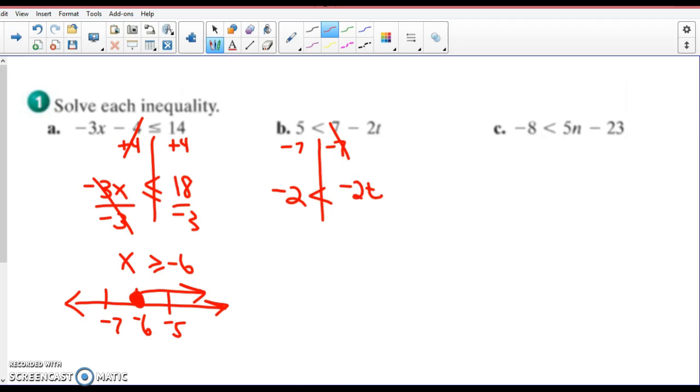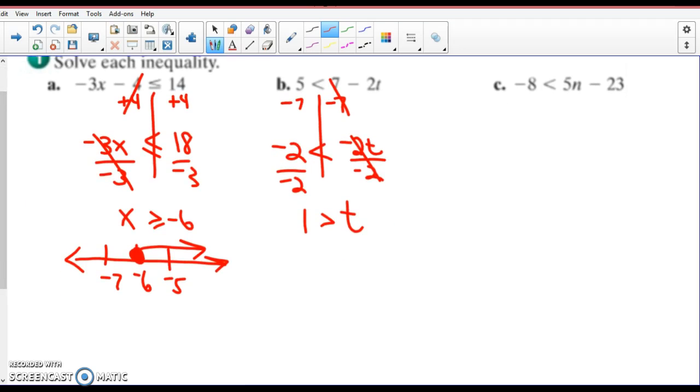Now what do I do? Let's see. Divide both sides by negative 2. That gives me a 1 on this side. What happens to my inequality? Greater than, because I divided by a negative. And this will be t. Now, you do not want to try to graph it that way. So, transpose this. Switch the t and 1.